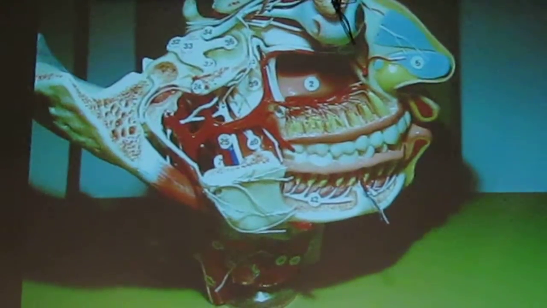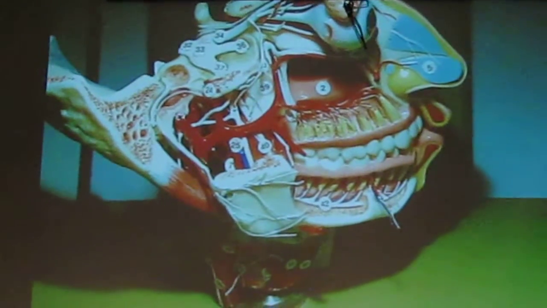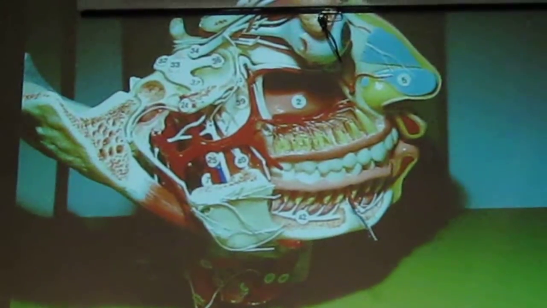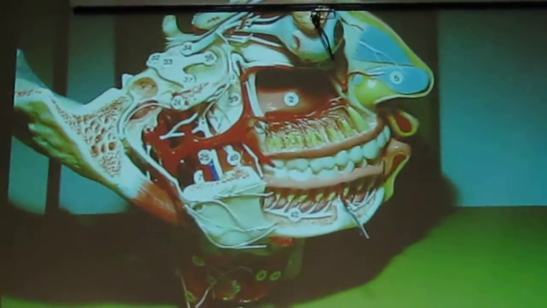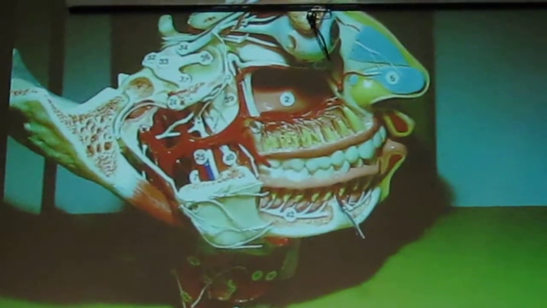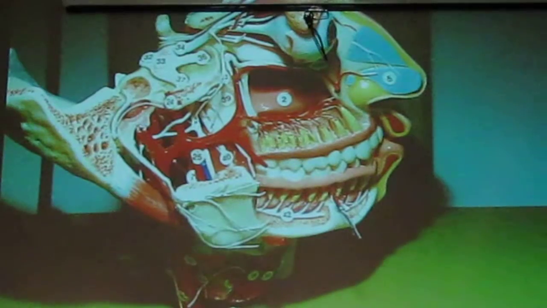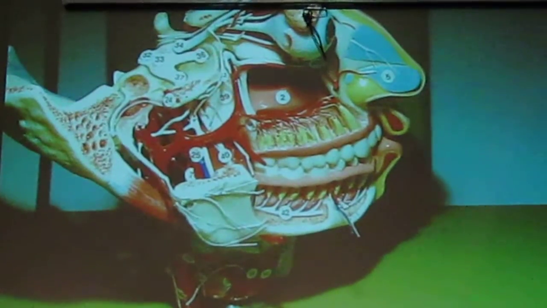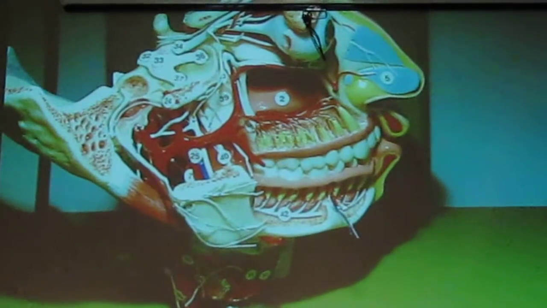So the superficial temporal artery and maxillary artery are branches of the external carotid, and you can see them in the parotid gland itself. This model is very difficult to understand because it has structures which are sitting in the gland itself, and it also shows the structures which are in the parotid bed. So two different things.